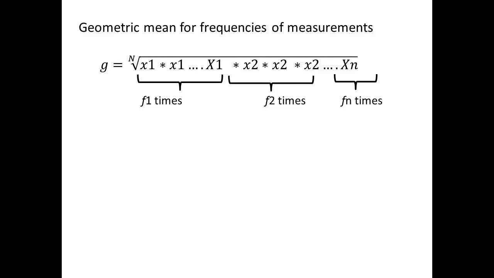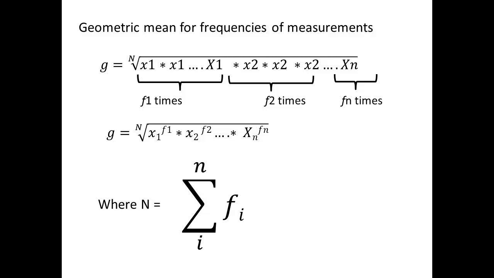G is equal to the nth root of x1 multiplied by x1 multiplied by up to xn, with x1 appearing f1 times up to xn appearing fn times, which we can rewrite as the nth root of x1 to the power of f1 multiplied by x2 to the power of f2 up to xn to the power of fn, where large N equals the sum of the frequencies.